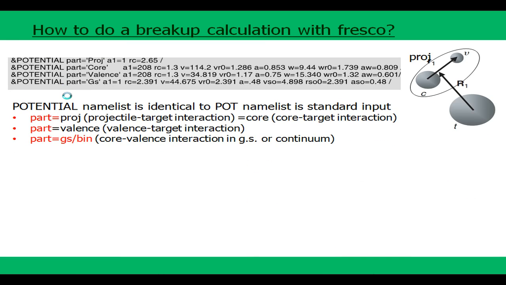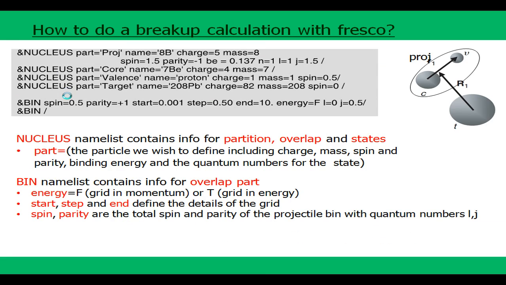So let's go back and make sure that we understand what we're doing. Remember, we wanted to do deuteron breakup on lead-208 with the continuum included, where energy is false, which means it's a momentum grid. It's not going to be even in the energy bins. It starts at 0.001 to 10 MeV in steps of 0.5.